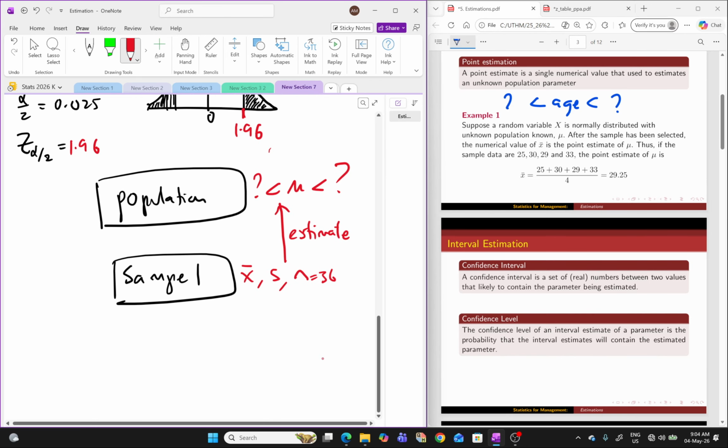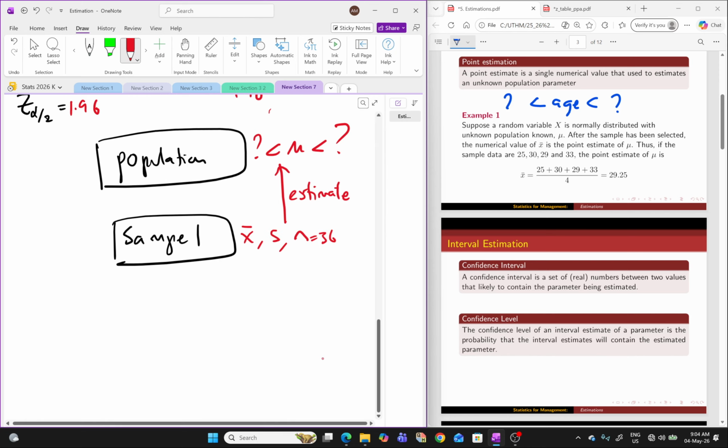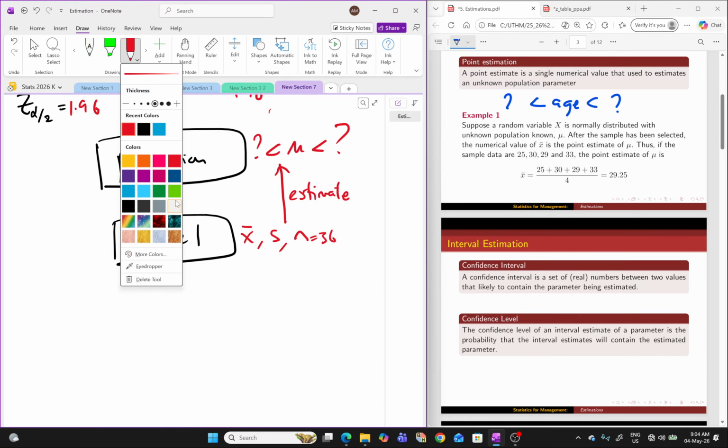Apa formula ni sekarang? Formula for this part now, saya tulis kat sini.